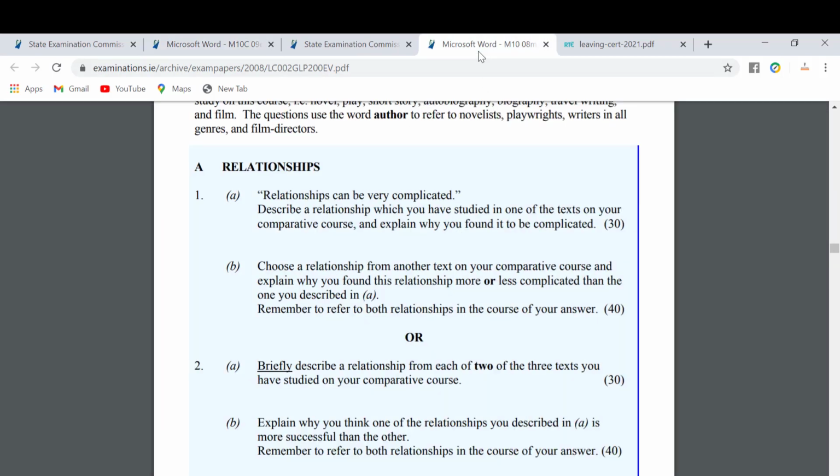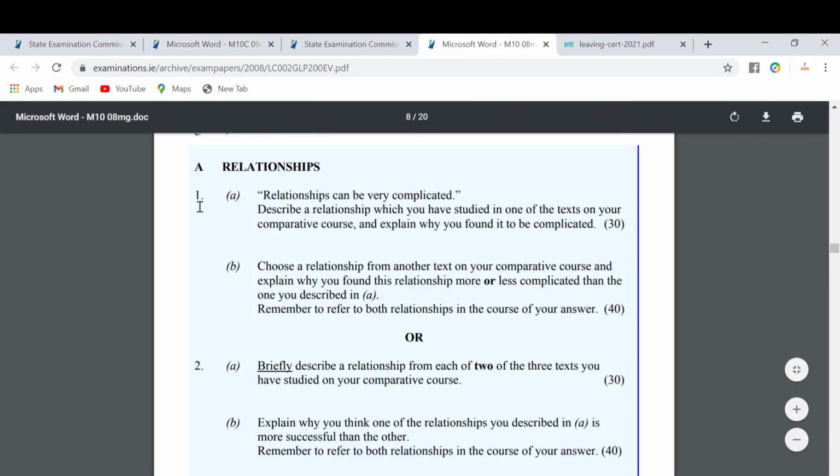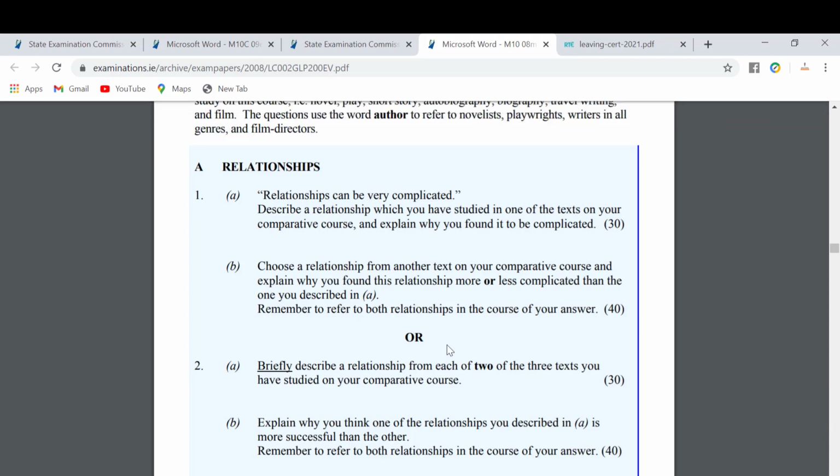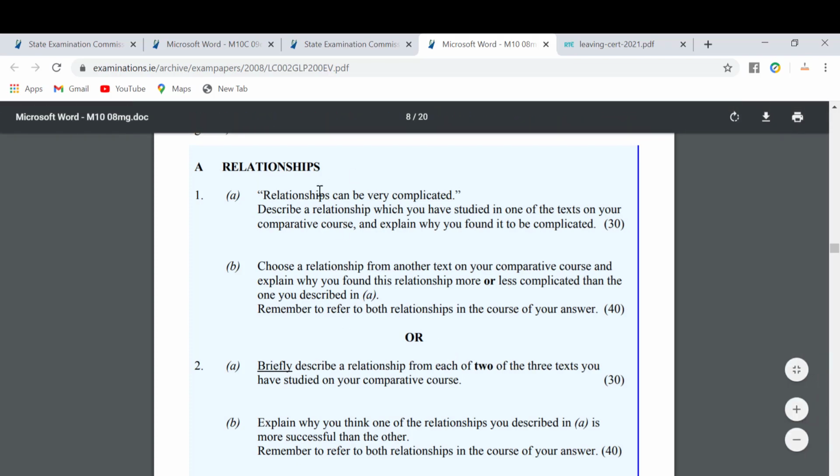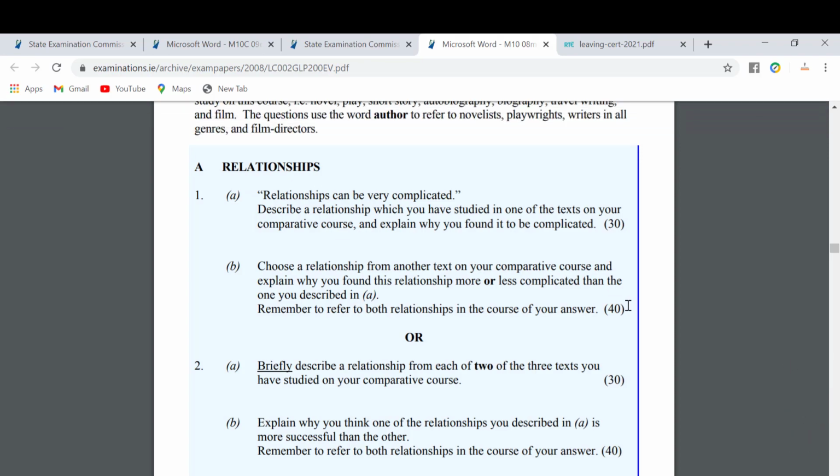Or if you choose relationships, you can either choose number 1 A or B on relationships, or number 2 A or B. So there's huge choice here. You choose the mode you want. You either choose theme or social setting or relationships. And as usual, there is choice within each 30 and 40, which gives you your 70 marks.